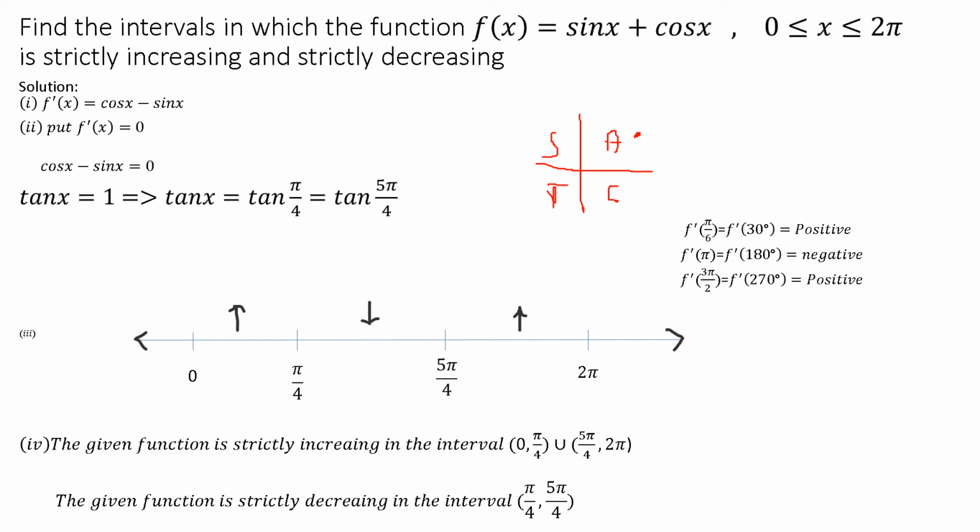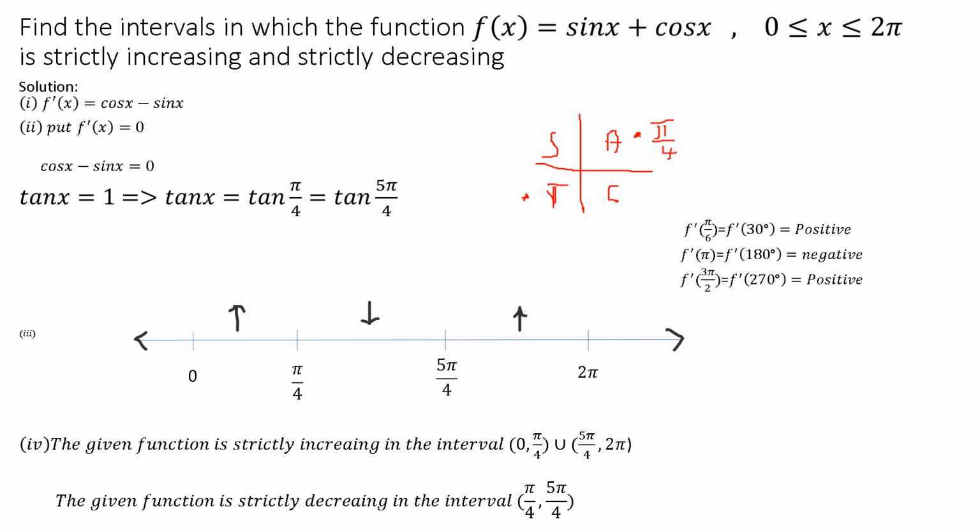In the first quadrant, tan is positive. Tan is positive in the first quadrant and in the third quadrant, isn't it? First quadrant and third quadrant. In the first quadrant, it is pi by 4.